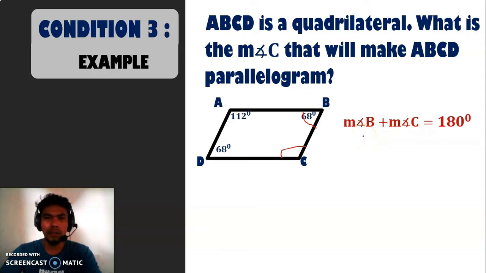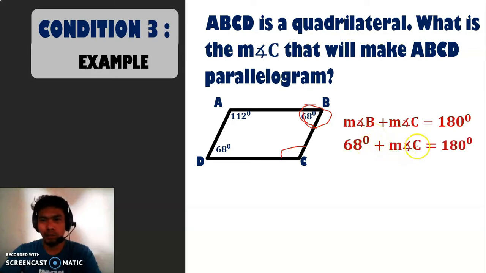So the measure of angle B is equal to 68 degrees plus the measure of angle C, just copy this one because the measure of angle C is unknown, equals 180 degrees. Okay, after that, you have to transpose 68 degrees to the right side of the equation.